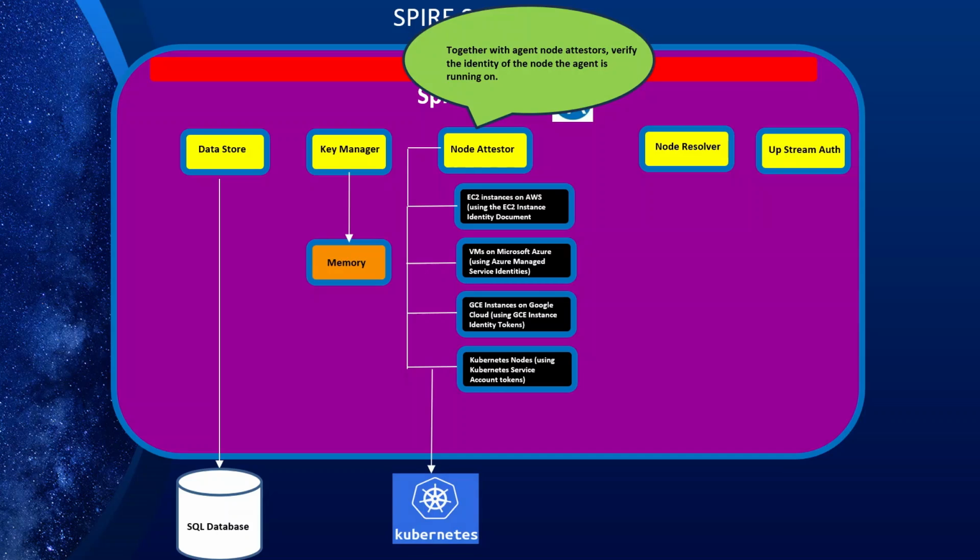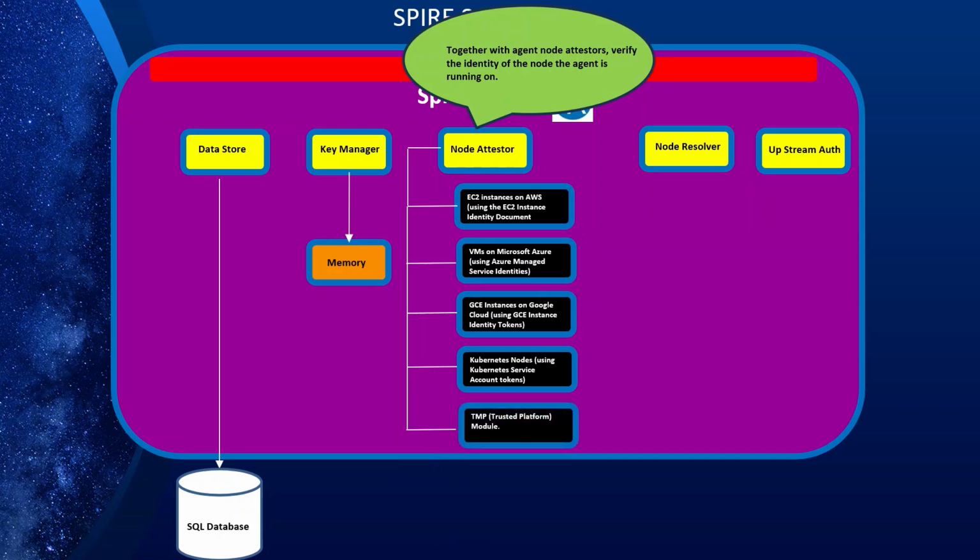Or if it's in a Kubernetes node, a worker node, then it connects to Kubernetes through kubelet and verifies the token, the service access token that is associated with that node. And if it's running a server that doesn't really belong to any of these situations, then it uses TPM, which stands for Trusted Platform Module.